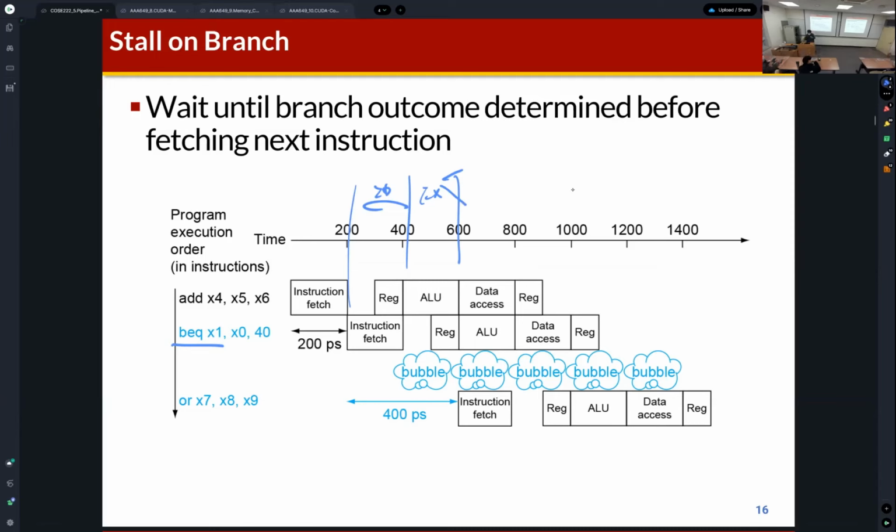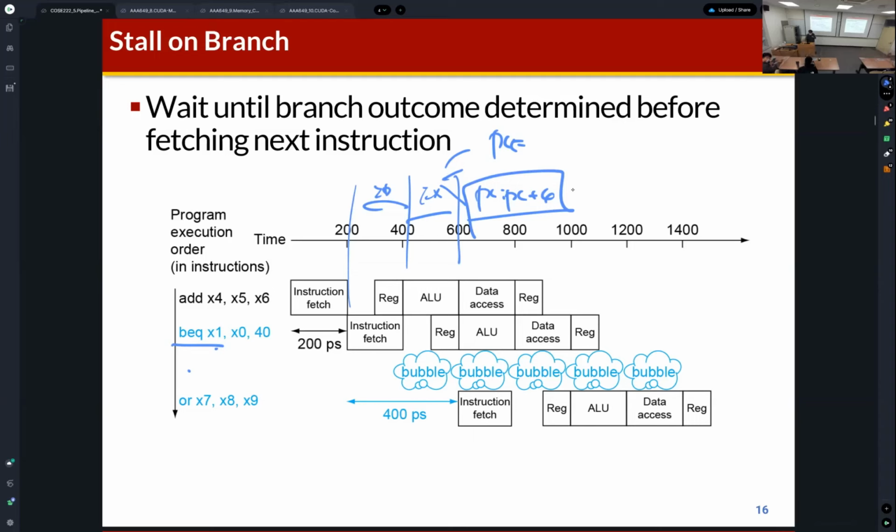So if the branch is true, then the PC should be changed. But if the branch is false, then the PC is PC plus 4. So if the branch is true, then the PC is changed at the next stage, and the new instruction should be fetched by this changed program counter.